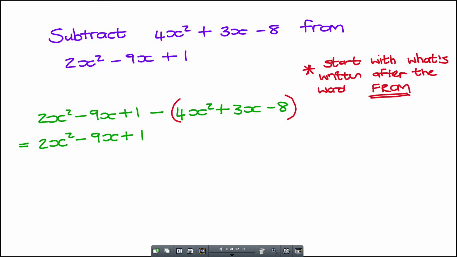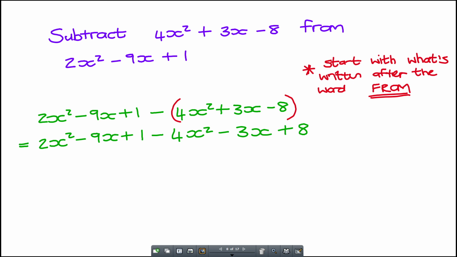So minus 1 times 4x squared will give me minus 4x squared. Minus 1 times 3x will give me minus 3x. And minus 1 times minus 8 will give me positive 8. So can you see all the signs basically changed?